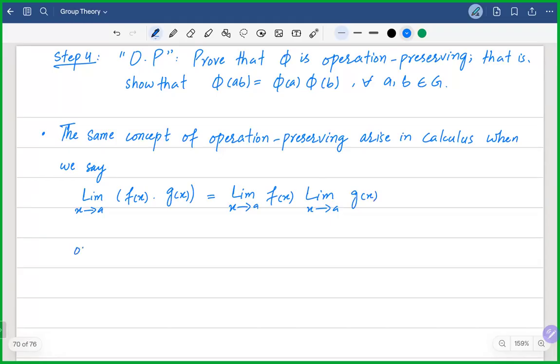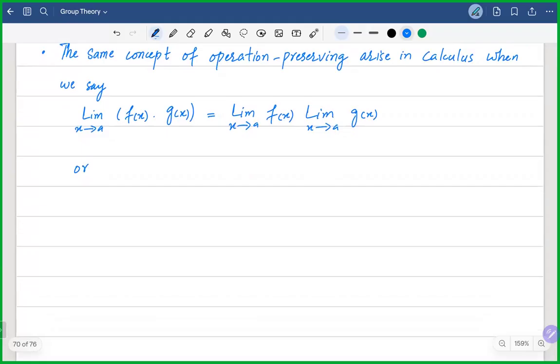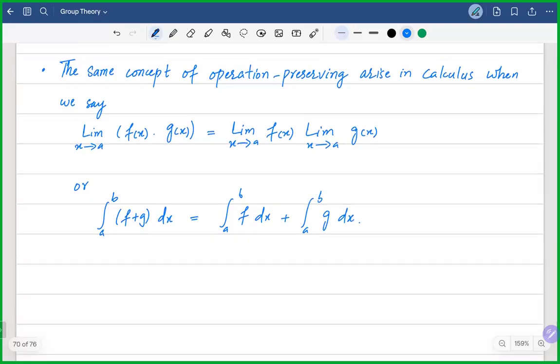Or you write the integral from a to b of f plus g dx is equal to the integral from a to b of f dx plus the integral from a to b of g dx. And that is really interesting, that you can see this operation preserving thing already arise in calculus.